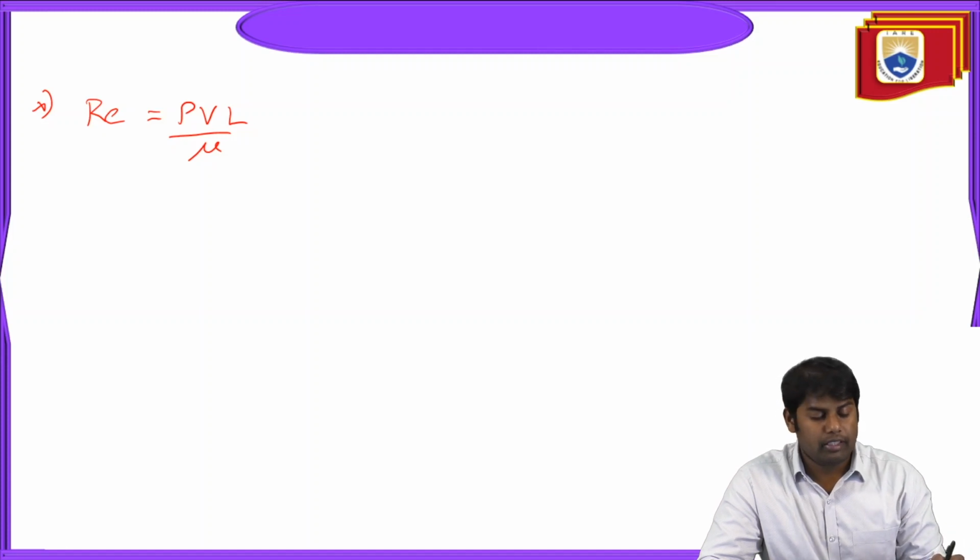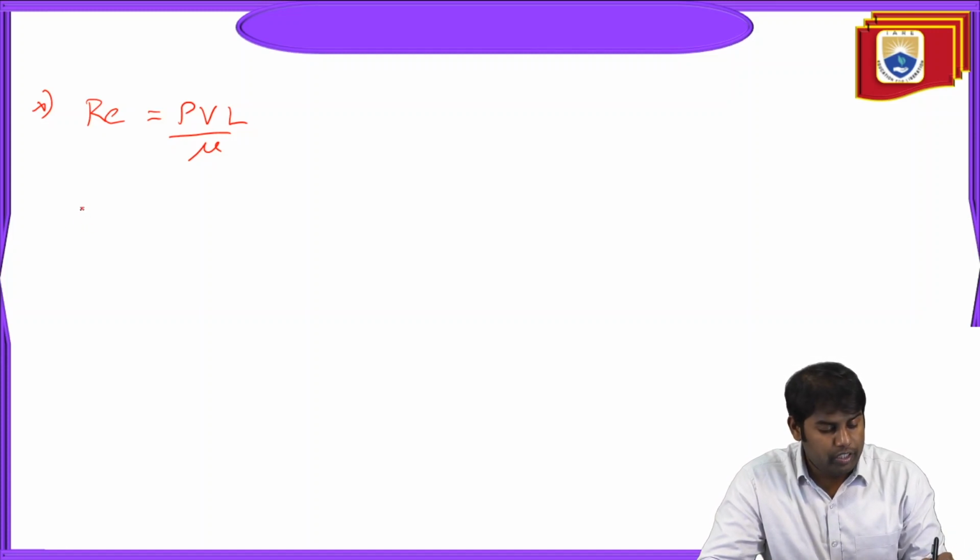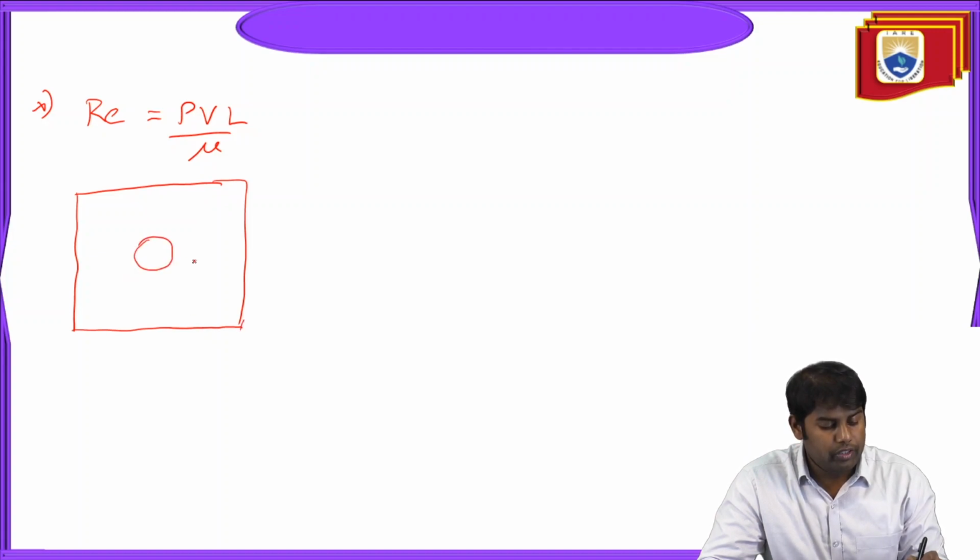We took an example, flow over a cylinder, which we simulate in the numerical setup. Let's say this is a domain, and we have drawn a cylinder of diameter d equal to 10 meters. Let us assume it has a Reynolds number Re equal to 3000.